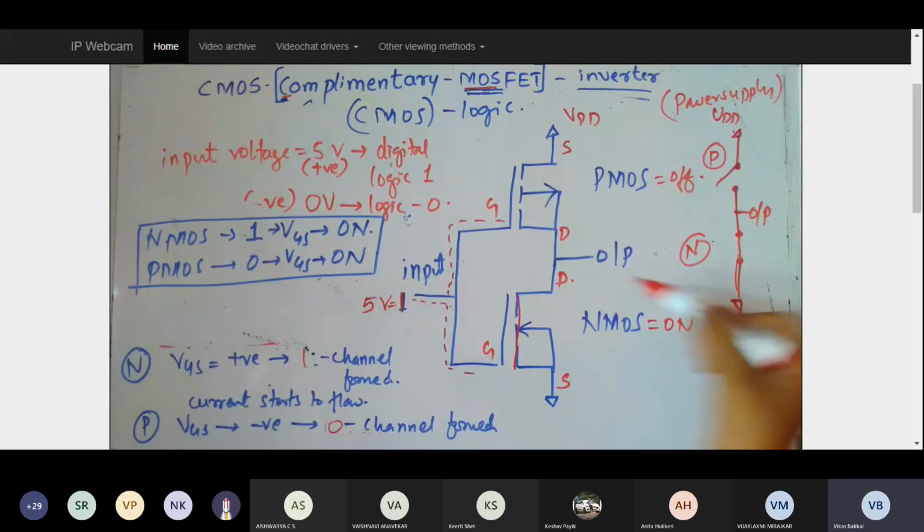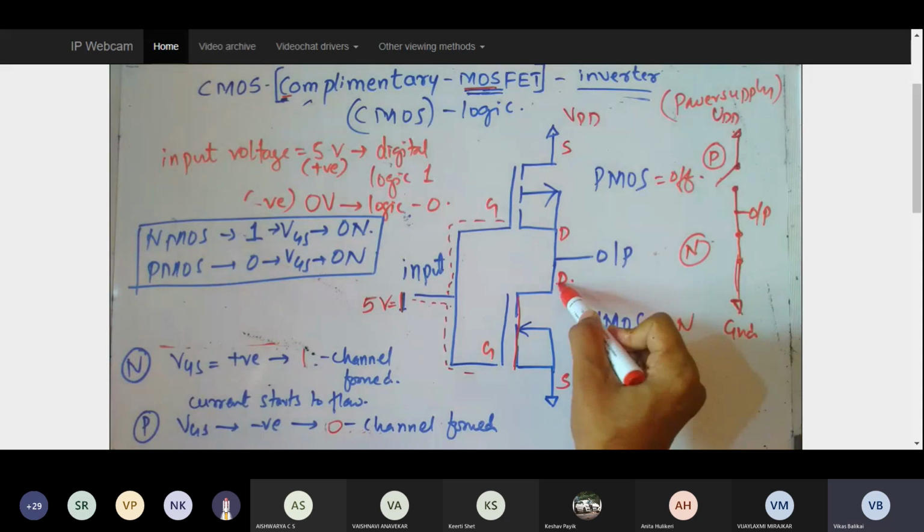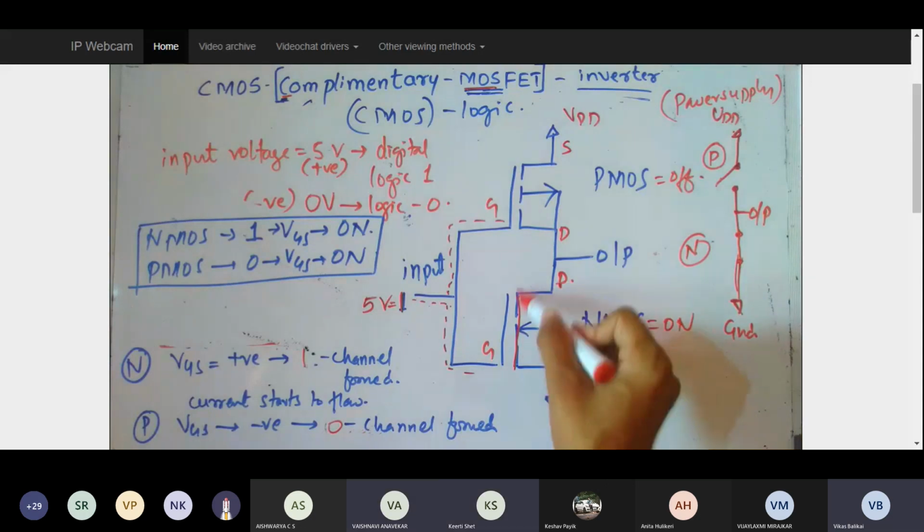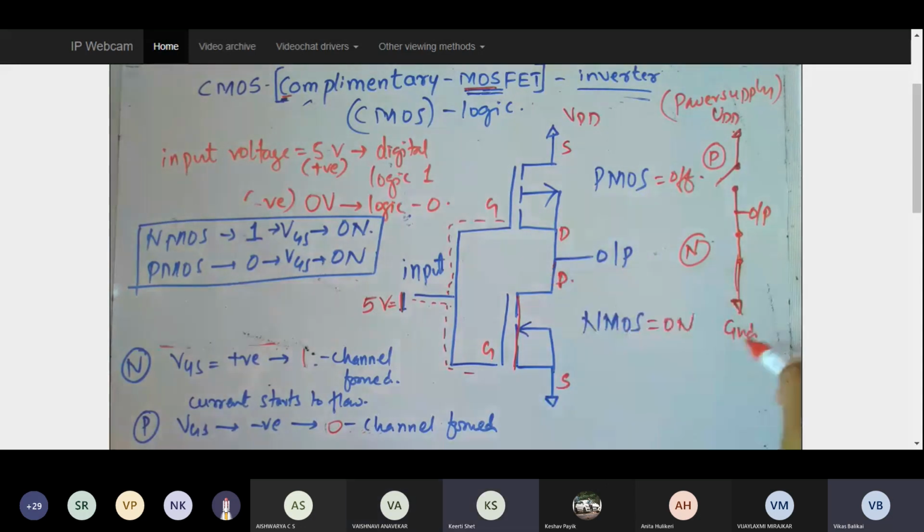Output is connected to drain, that is fine. But after the connection, now this is ground. Exactly. Now it has been connected to ground. So output wire is directly connected to ground.